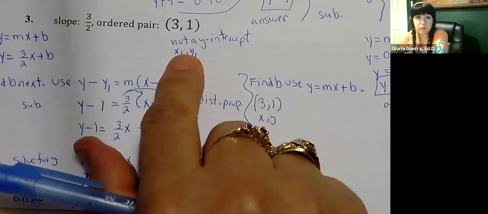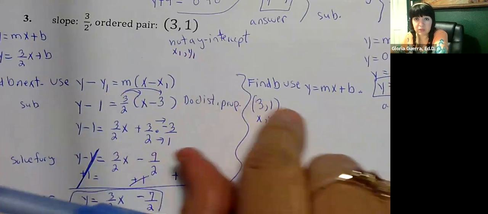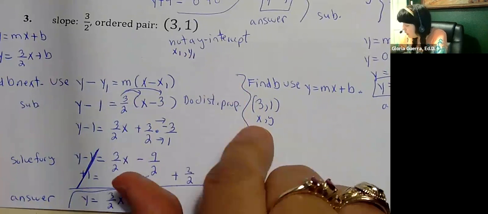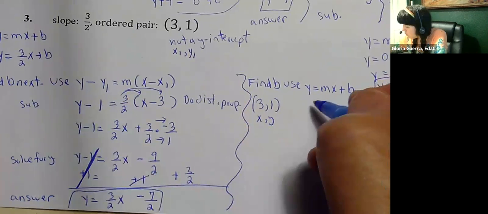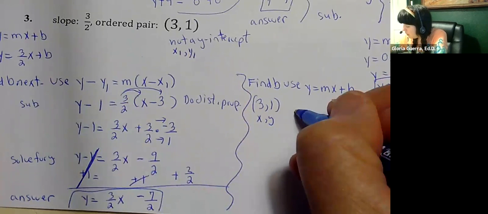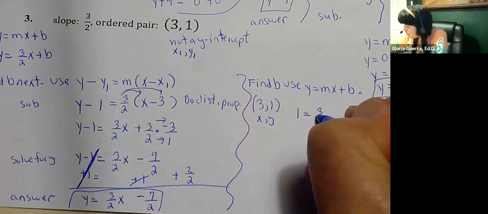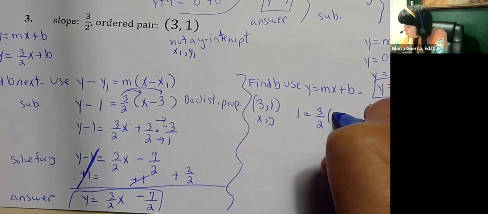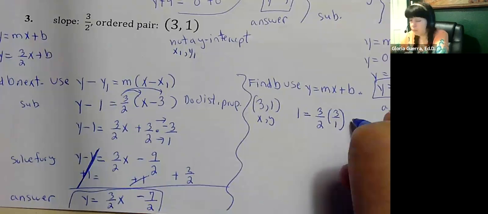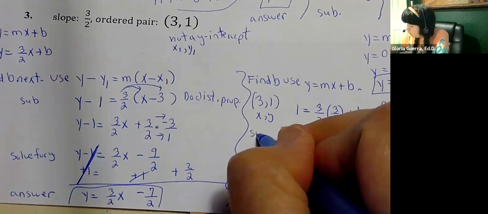I call it x1, y1 when I use this formula, but when I use this, I'm going to call it just x, y. And I know what m is. So let's see, y is 1 equals, I know m is a fraction, right? m is 3/2 times x is 3. So I put 3 over 1 plus b. So I'm going to solve that for b.